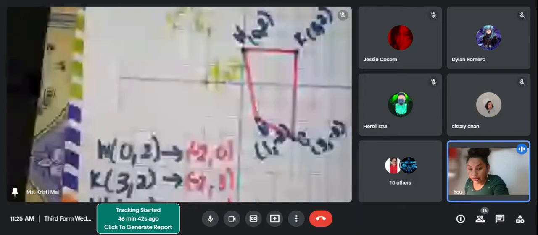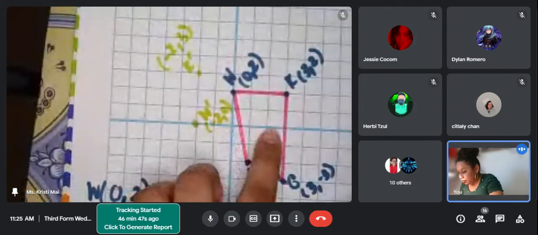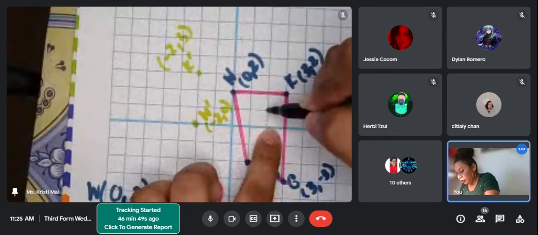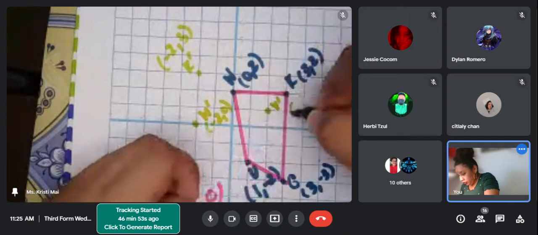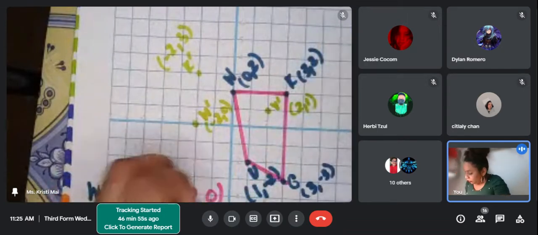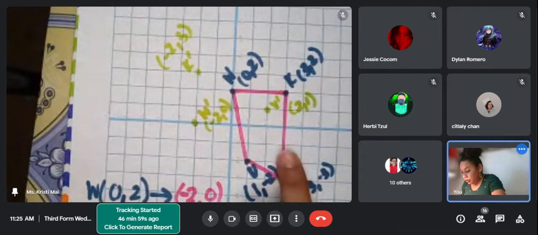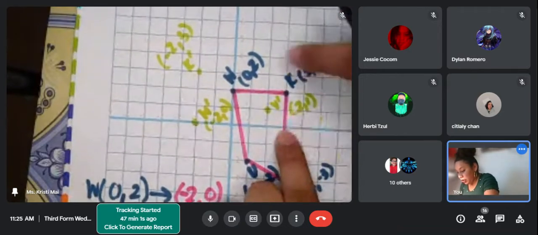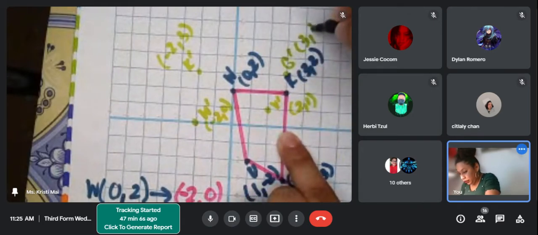V is 2, 1. V is 2 on the X and then 1 on the Y. So this one is going to be V1, 2, 1. And then you have G being 3, 3. So 3 here and 3 here. And this is going to be G1, 3, 3.